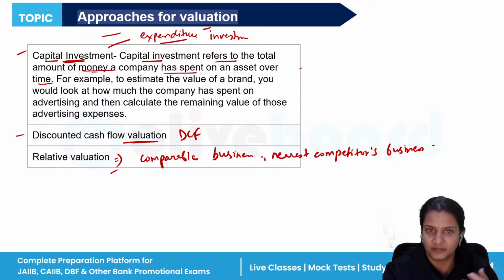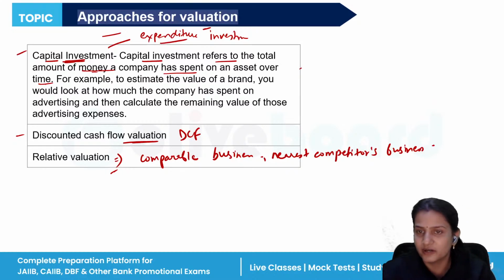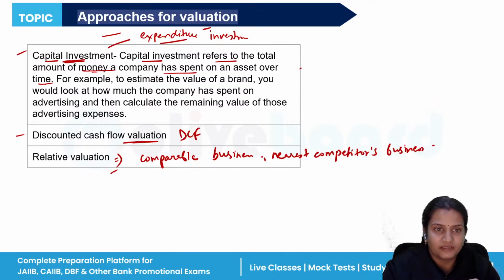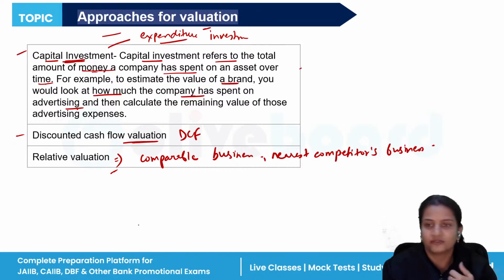So what you are spending over that is known as capital investment. The more you spend on your assets, the more value it will create, the more it will create a brand. For example, to estimate the value of a brand, you would look at how much the company has spent on advertisement.